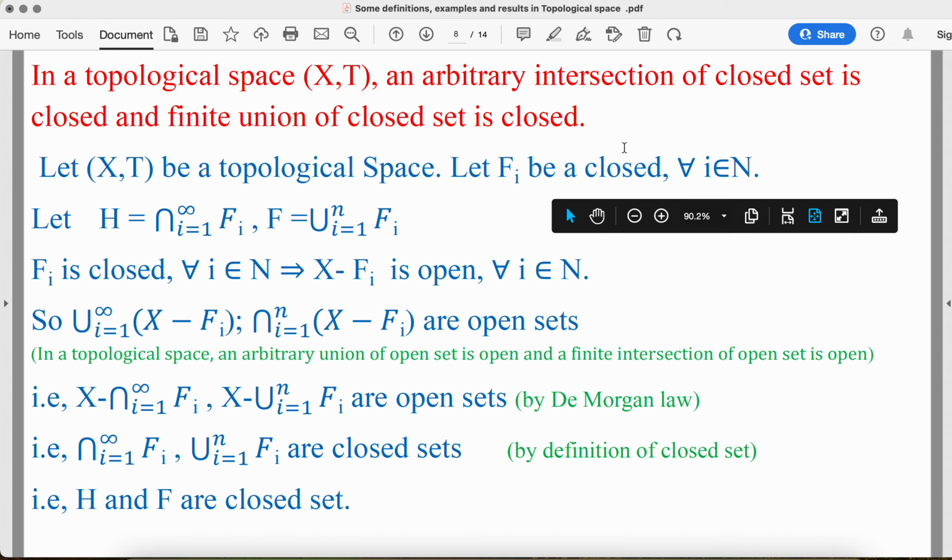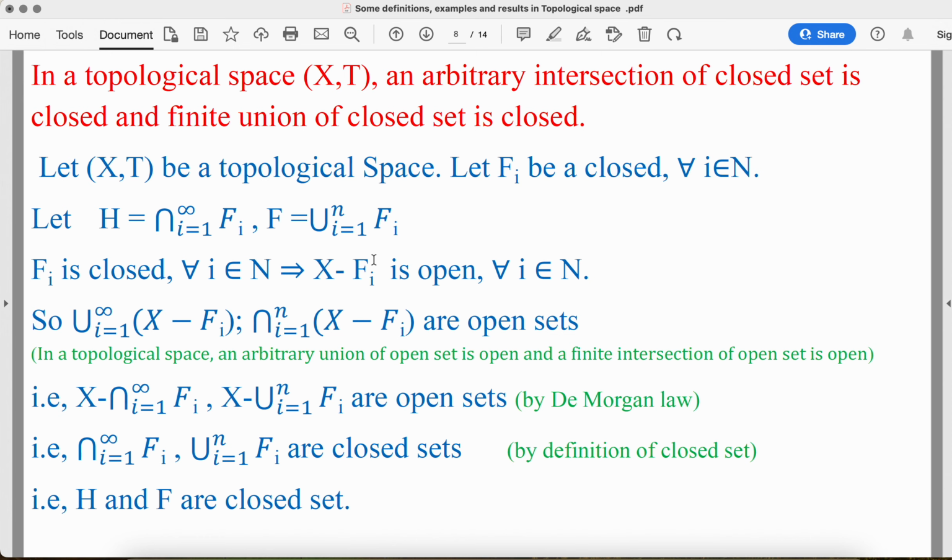We have supposed that each Fi is closed. It means its complement is open, meaning X minus Fi is open for all i belonging to N. But in the last theorem we have seen that an arbitrary union of open sets is open.